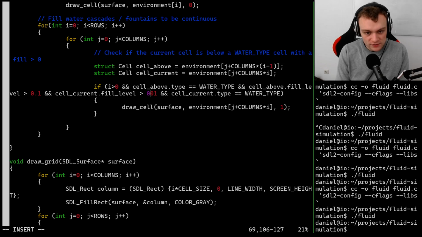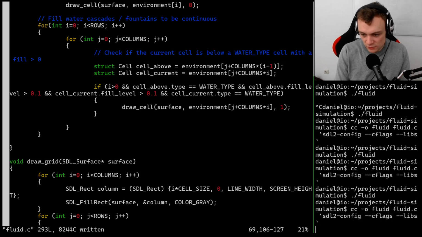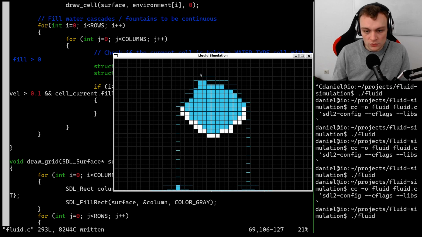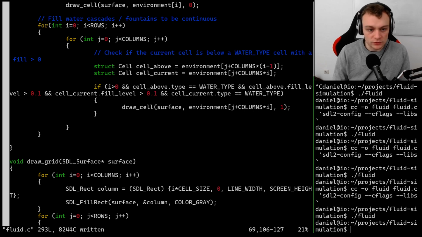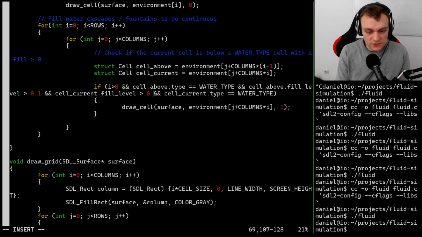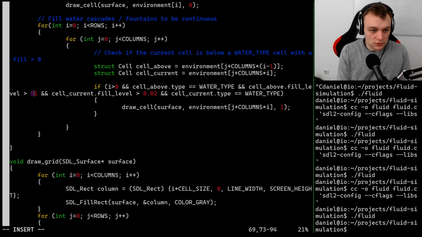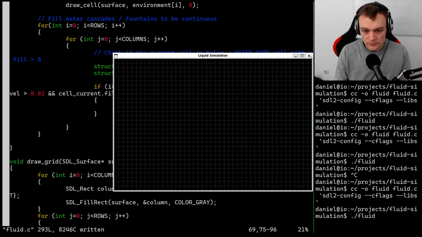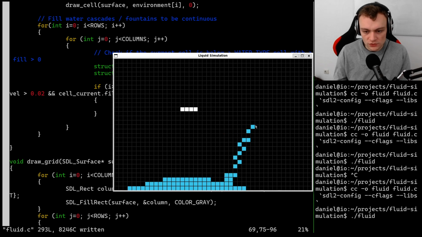And checking 0.1s here, or the fluid state here, is probably not entirely correct. We maybe have to... Oh, okay. No. 0.1 is too much. Let's try 0.02. That's good.